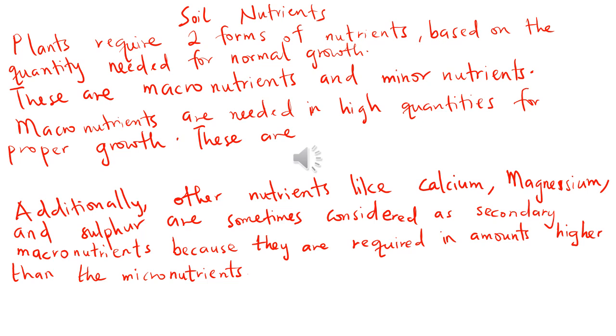However, if the question does not limit you to 3, then you can add the secondary macronutrients. So let's kindly note it down, and then we can move on to talk about micronutrients.